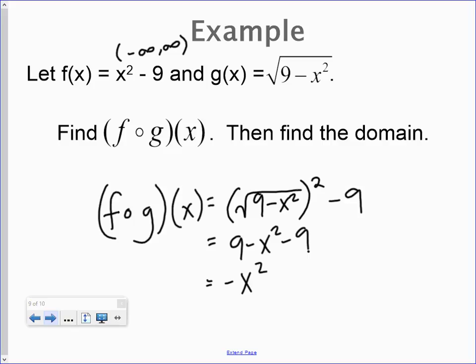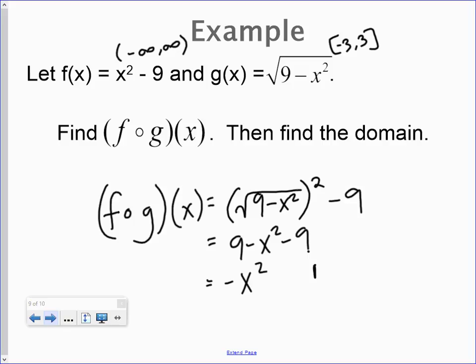Negative 3 works, and then everything in between. So we would say this domain is negative 3 to 3, which means if I'm first doing this and then plugging it into this, this is now limited by the negative 3 to 3. And then that carries over here. The only things I can put into my composition are negative 3 to 3.